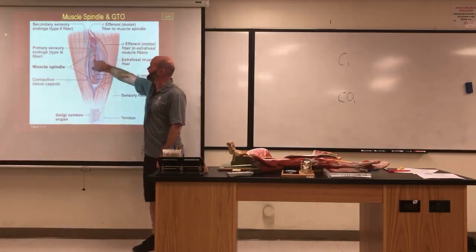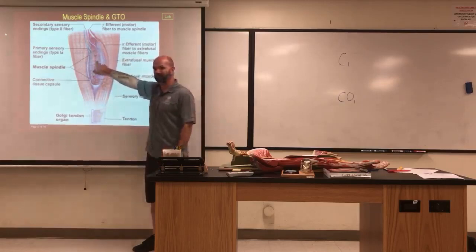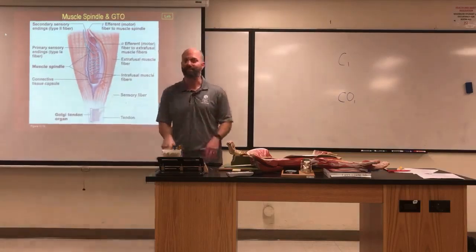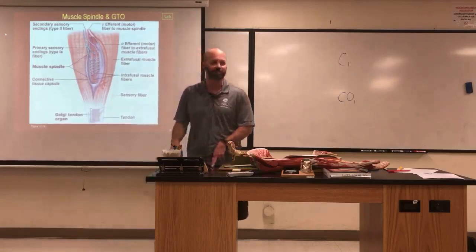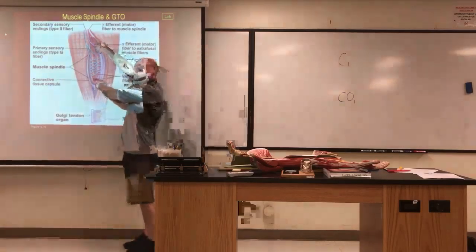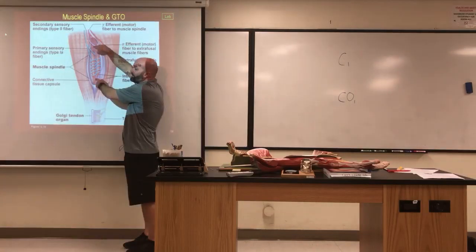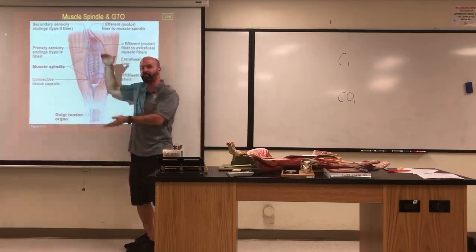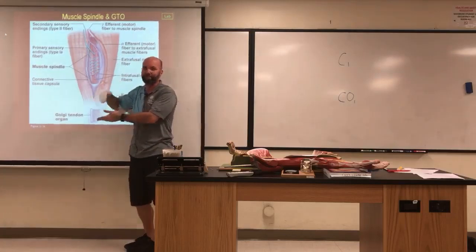The muscle fibers inside are called intrafusal fibers. Their job is not to contract to generate force. That's the job of extrafusal fibers. But they can contract, and they need to, to maintain the sensitivity of the muscle spindle, no matter what the muscle, no matter what our starting point is.